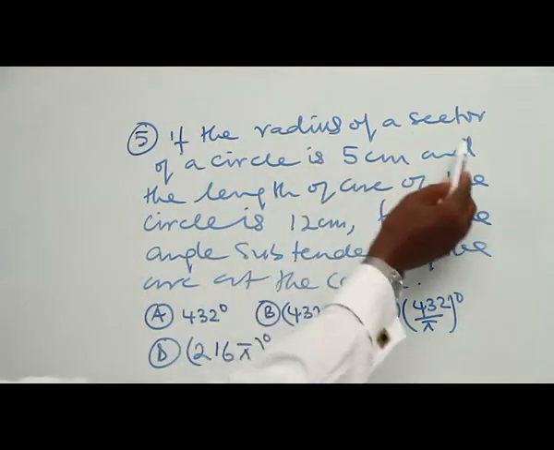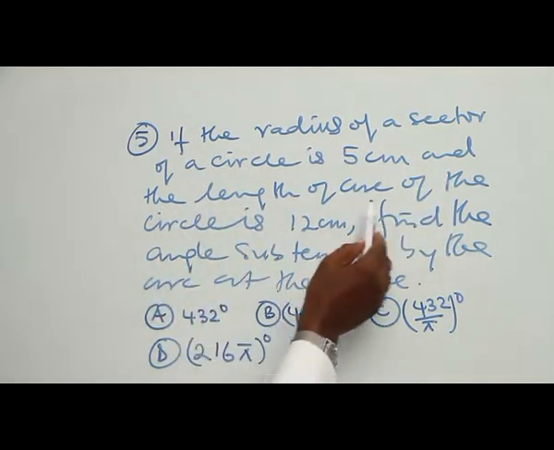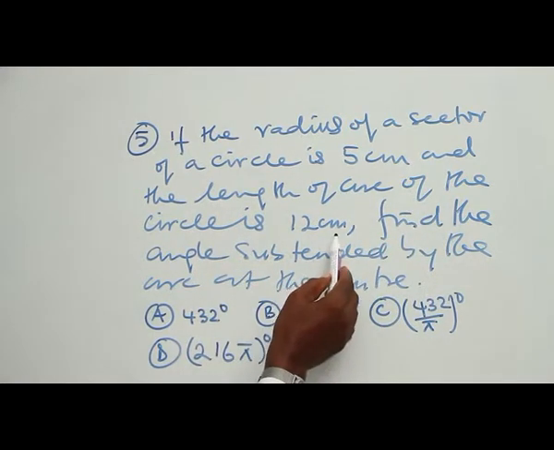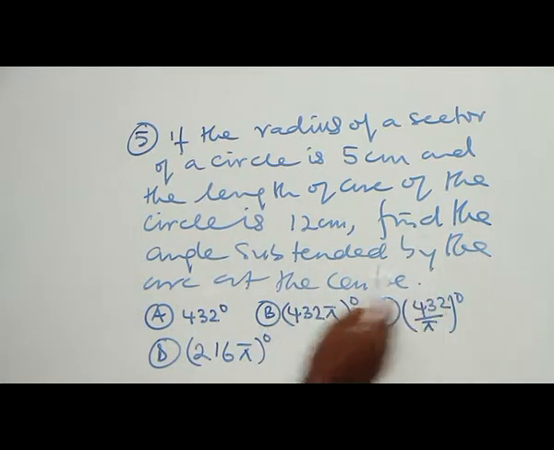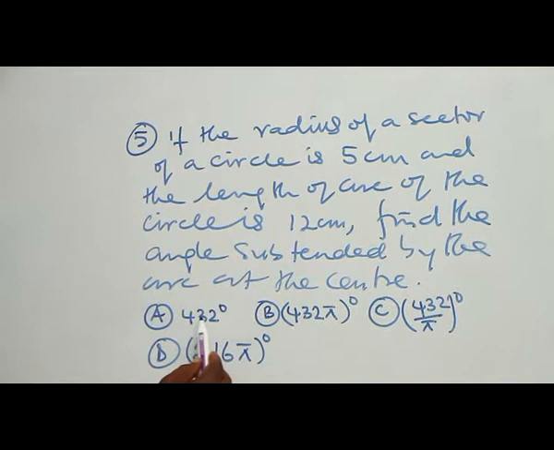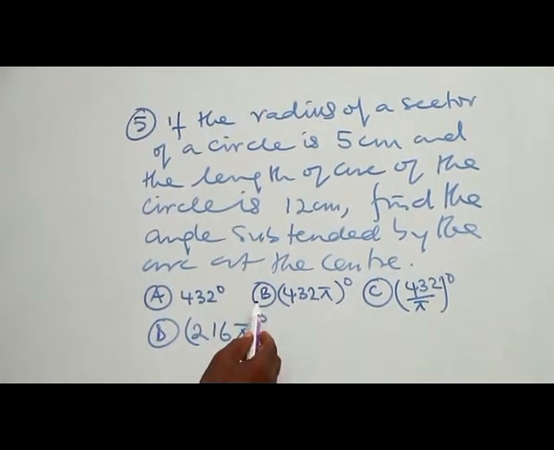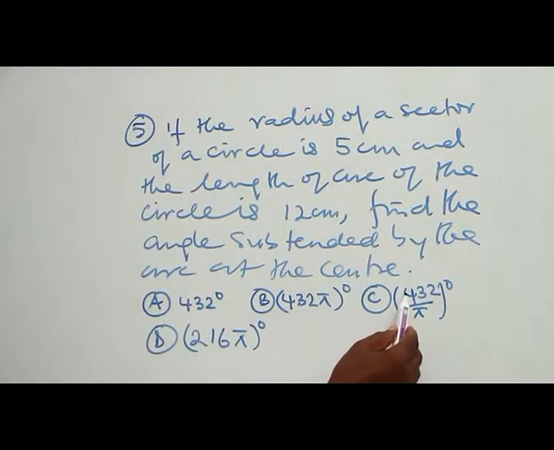If the radius of a sector of a circle is 5 centimeters and the length of arc of the circle is 12 centimeters, find the angle subtended by the arc at the center. A, 432 degrees. B, 432/π degrees. C, 432 over π degrees.